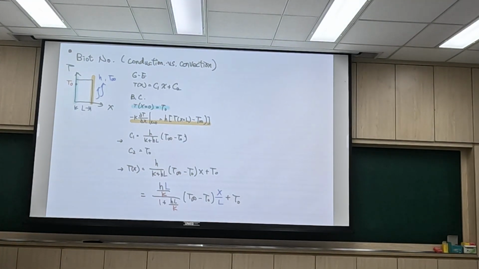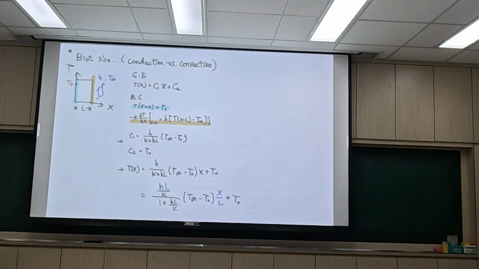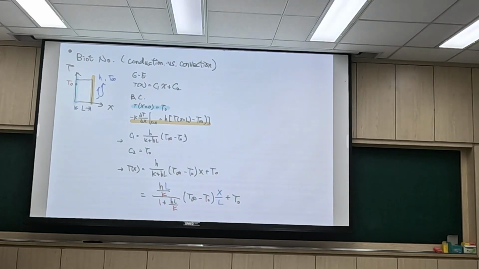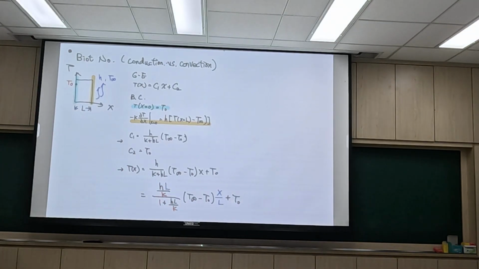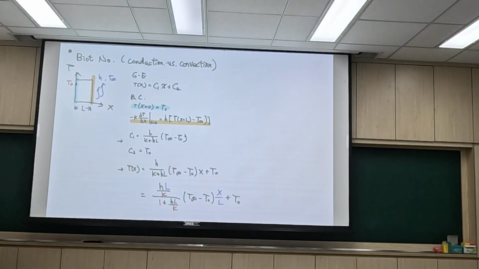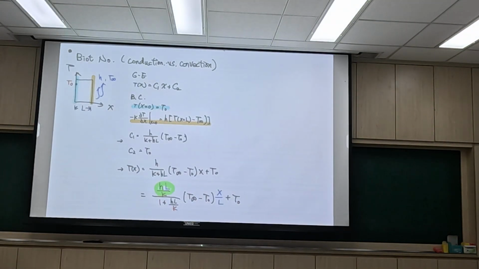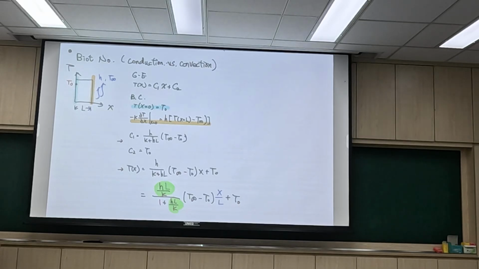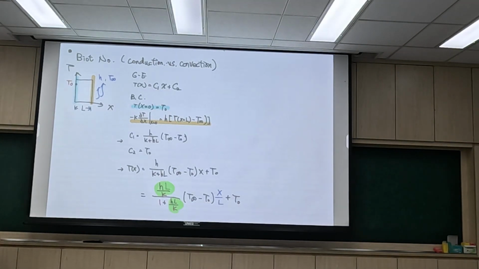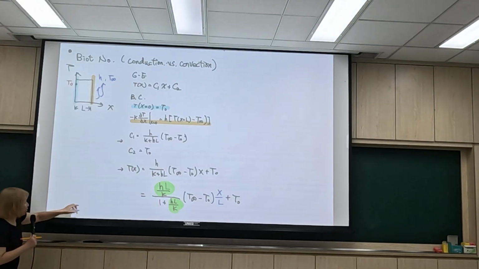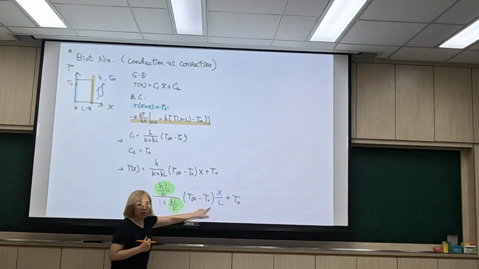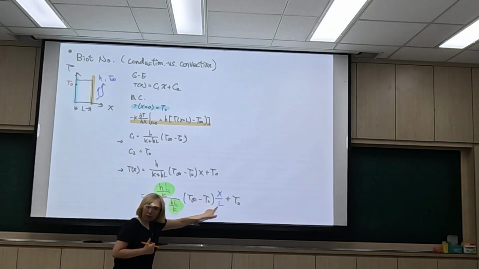Now by looking at this new equation, you might find something keeps repeating: HL divided by K. Let me highlight it. This must be something quite important. It seems to form a ratio between the temperature dimensional analysis and the geometry dimensional analysis.